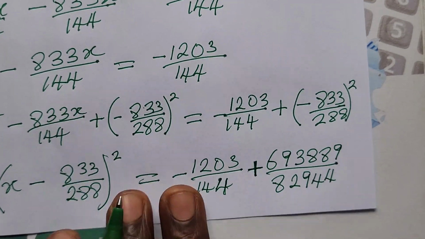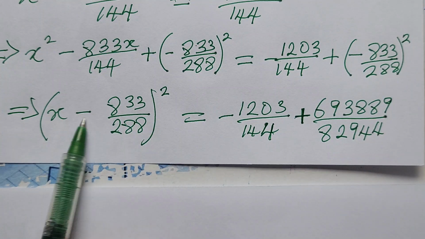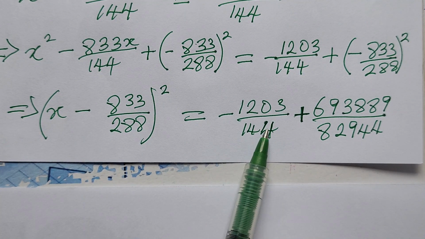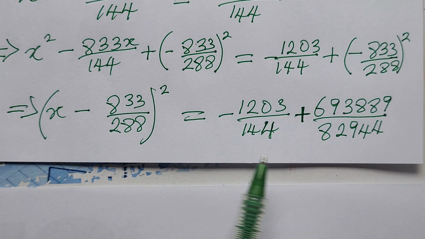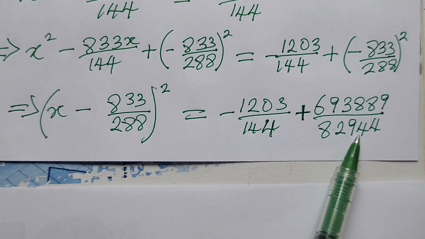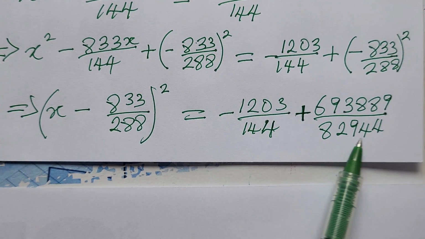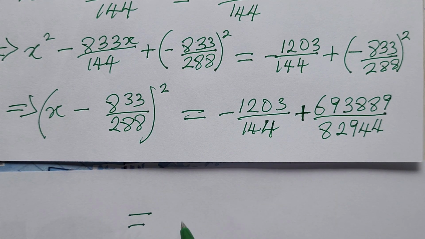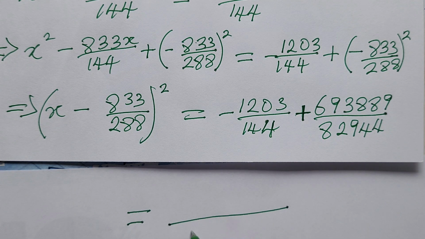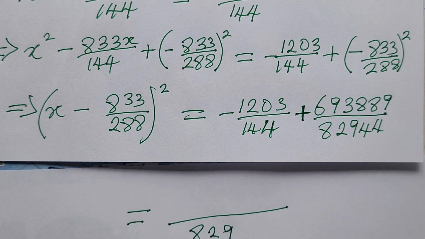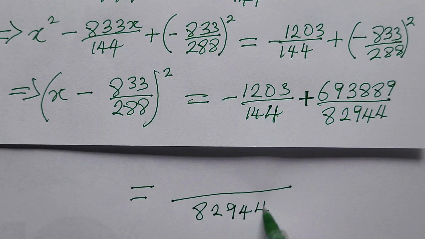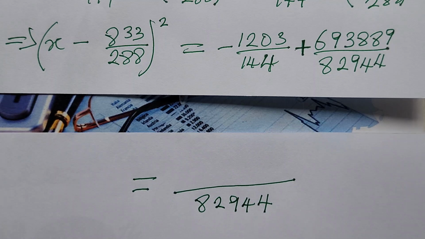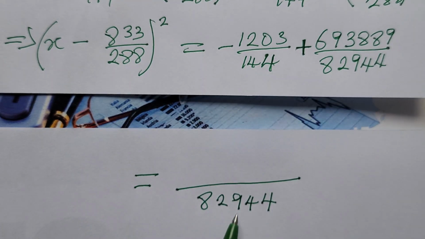Okay, so let's continue. Let's keep this side of the equation and treat this side separately first. So we'll now look for the LCM of this and this. So the LCM is 82944. So this is going to give us here, this is equal to, if we draw up our line here, let's take this as our 82944, right? Then here, we now use this to divide this.